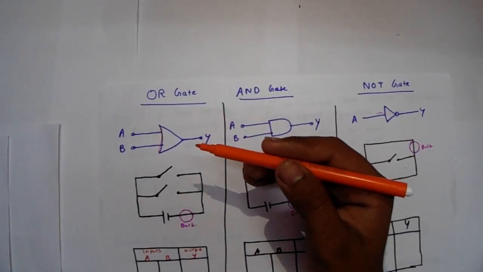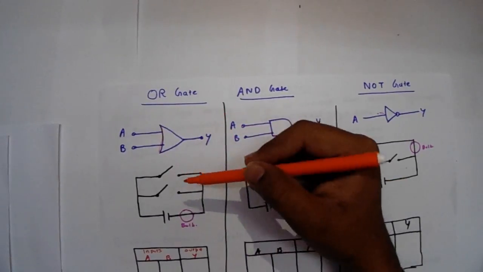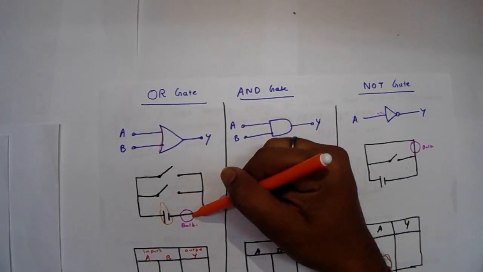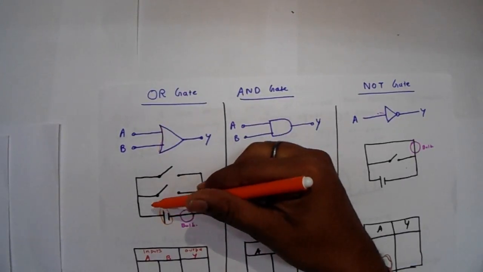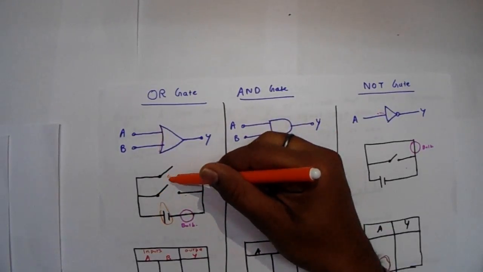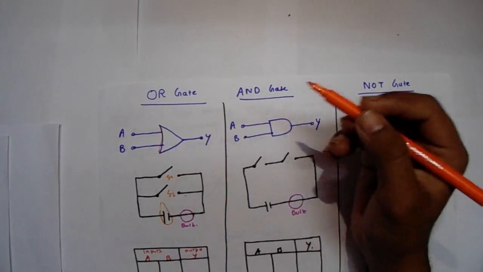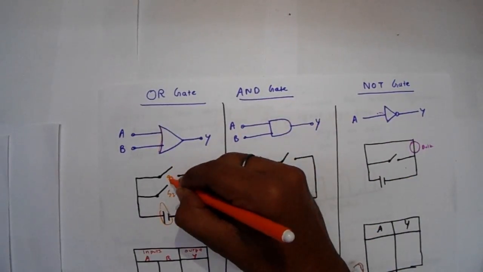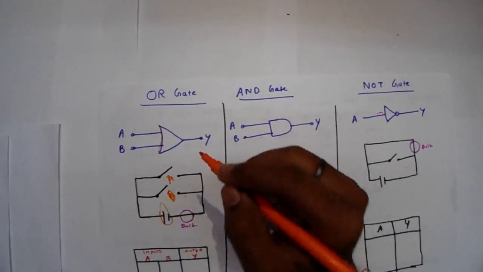If we represent it as a circuit, we can see this one. This is a battery, this is a bulb. Now, to light this bulb, to complete this circuit, there are two switches, S1 and S2. Let's consider these as A and B, that would be a better example.